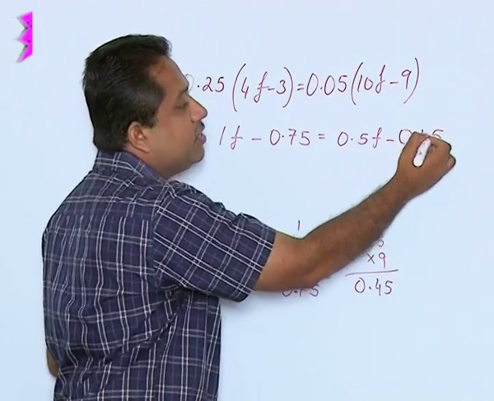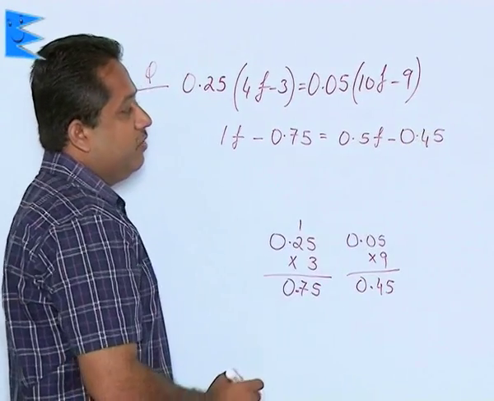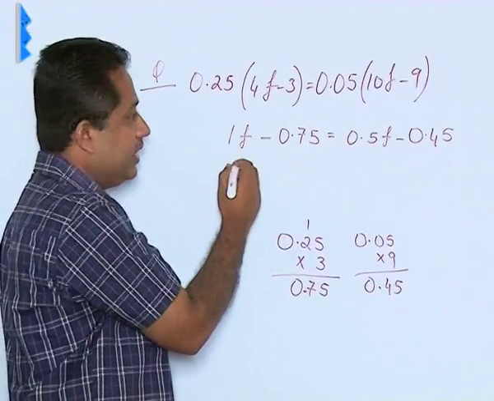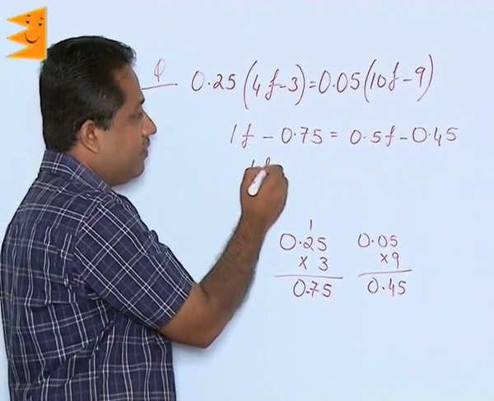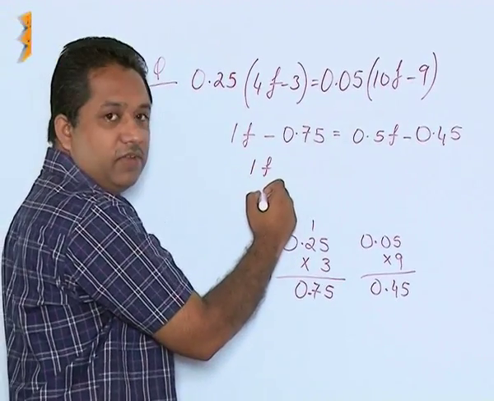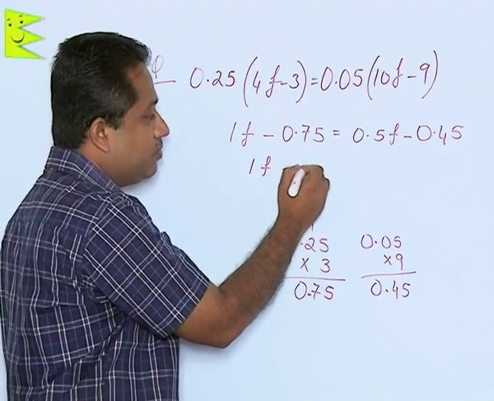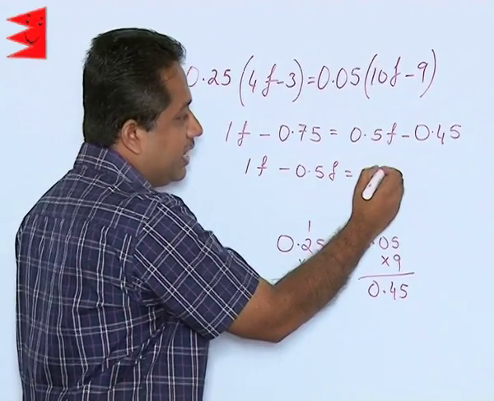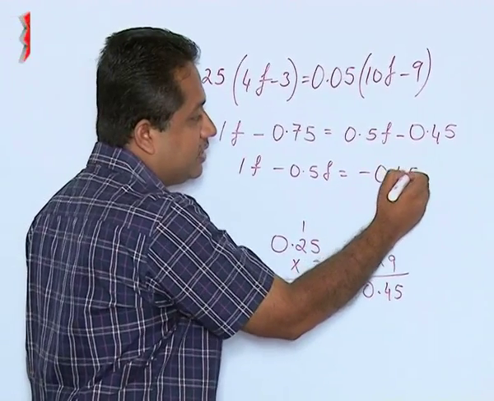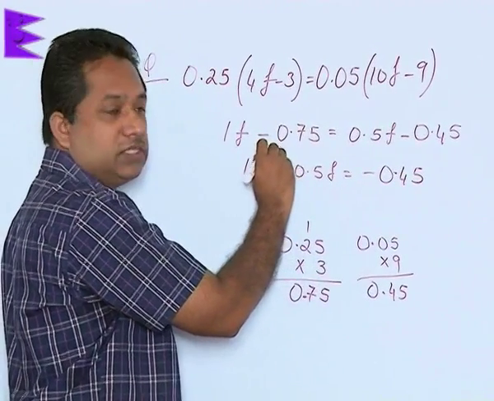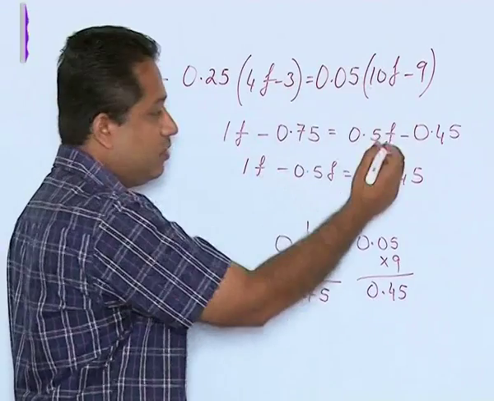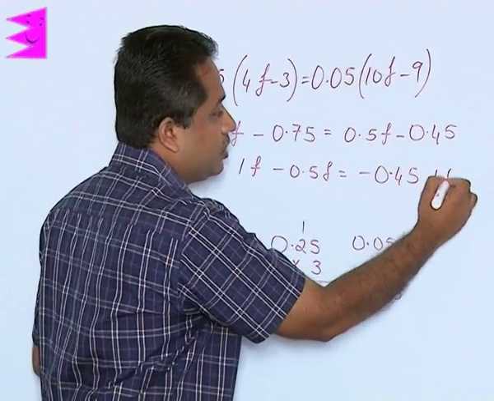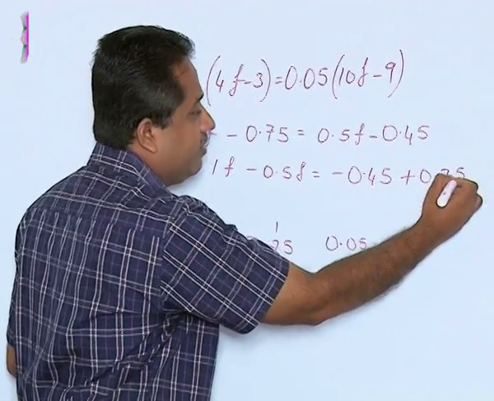Now, after getting this value as 0.45, we have to bring the like terms on one side. So, this is going to be 1f, 0.5f is shifted to the left. So, that will become 0.5f is equal to negative 0.45 as it is. This minus 0.75 is shifted to the right, you get positive 0.75.